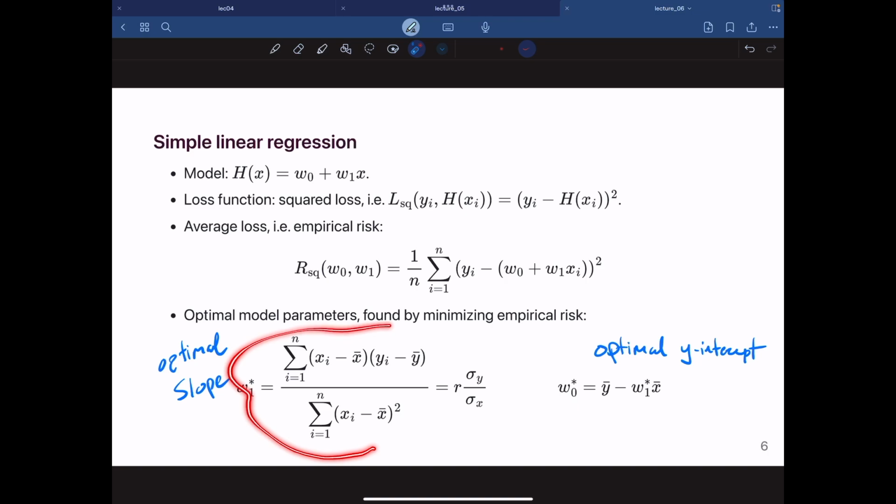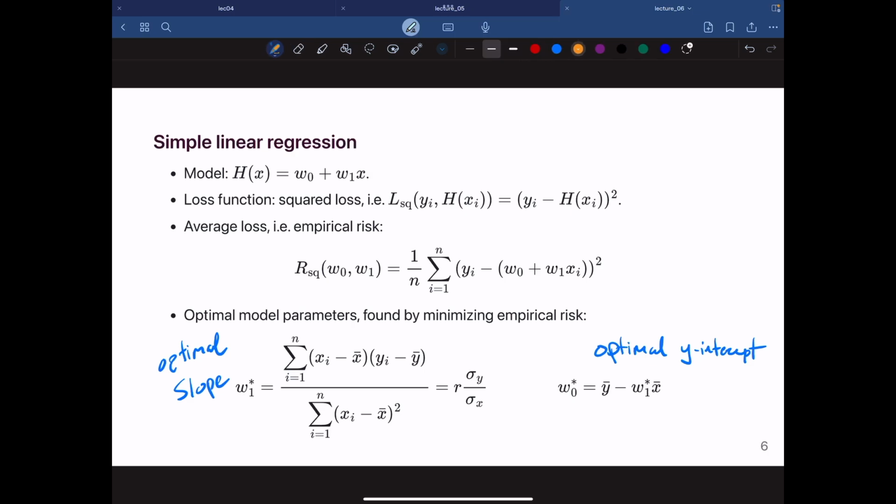But the optimal slope can be written in multiple ways. We looked at at least 4 different ways to write it. This is the traditional way that we looked at, and then we also expressed it as a correlation coefficient right here, and we've also seen it in terms of what's right up here.